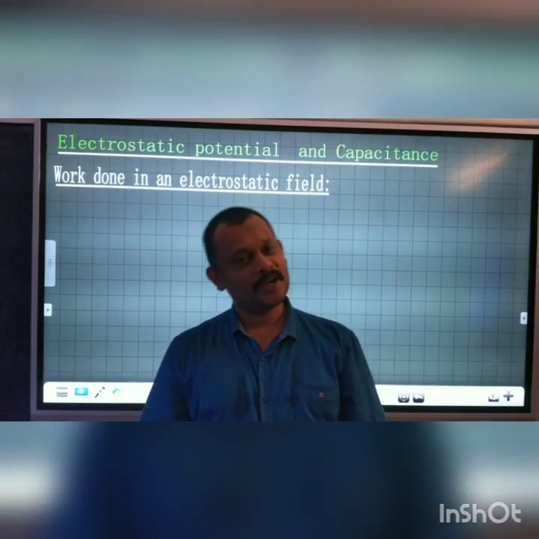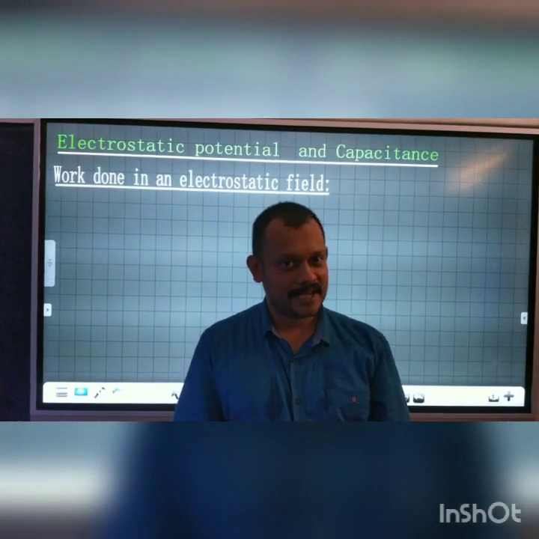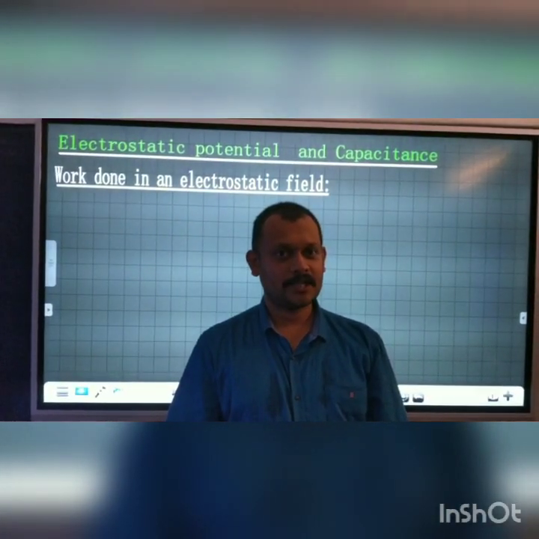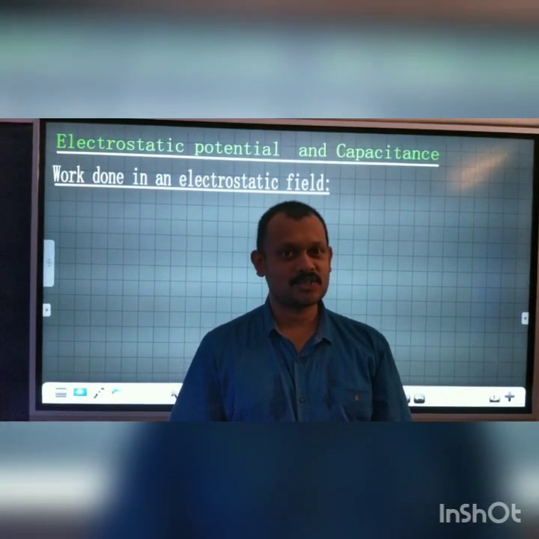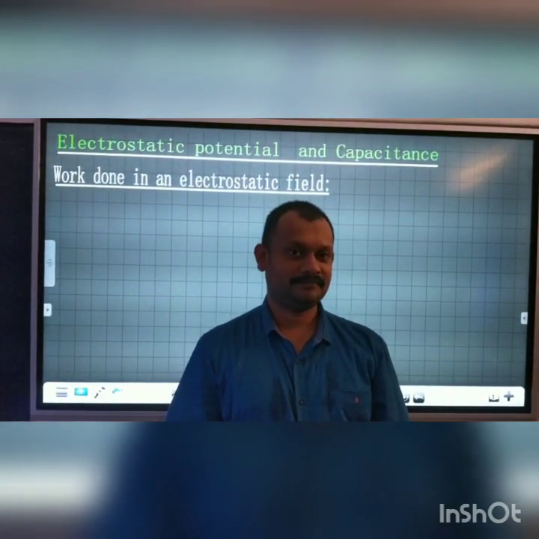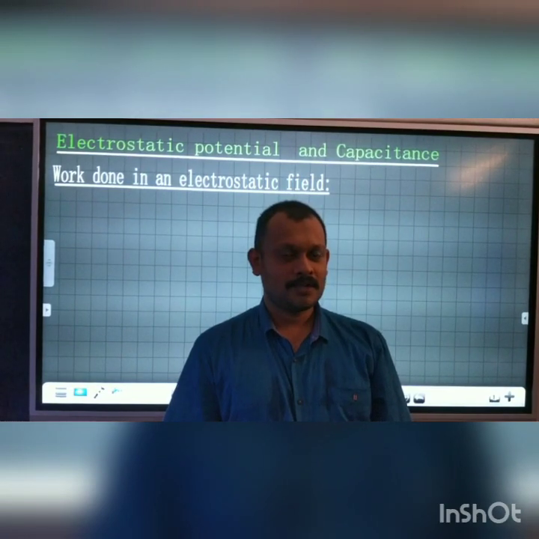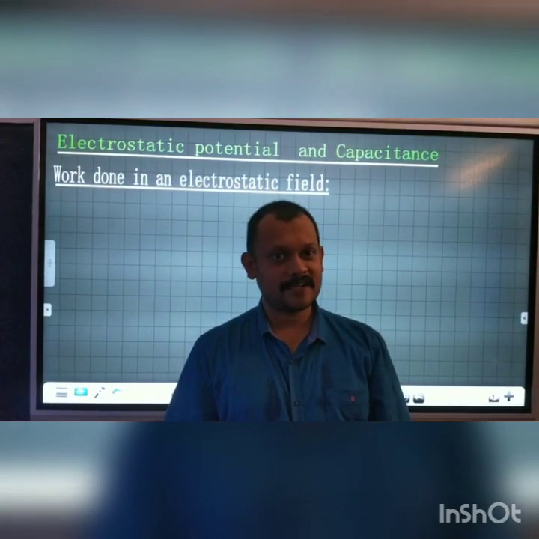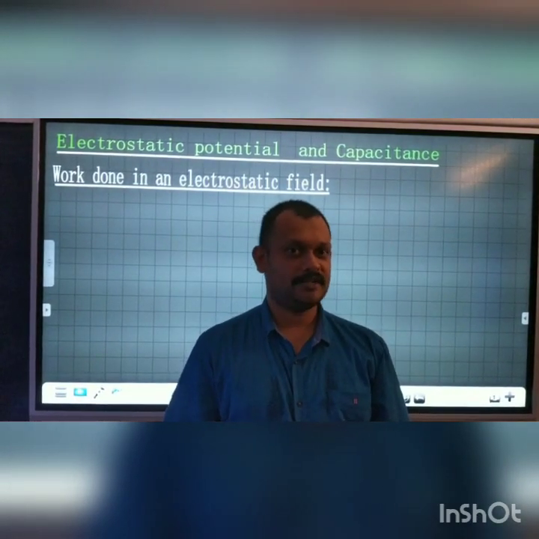You know what is meant by potential energy? It is associated with a conservative force field. The first point which I would like to highlight here is that the electrostatic field is a conservative field.